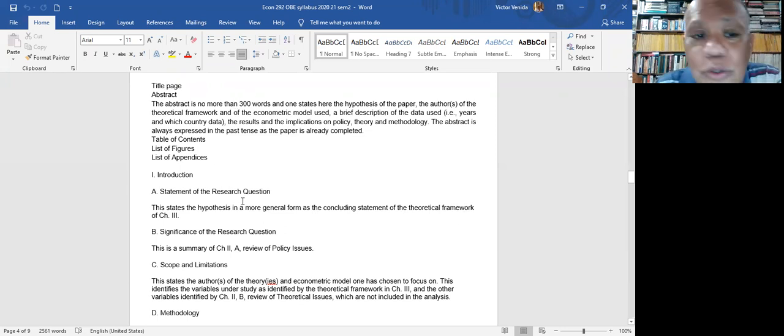Page 1 Arabic numerals begins with page 1 of the introduction. And there's a maximum of 50 pages for the body. But before page 1 Arabic numerals, all these sections have page numbers except for the title page.